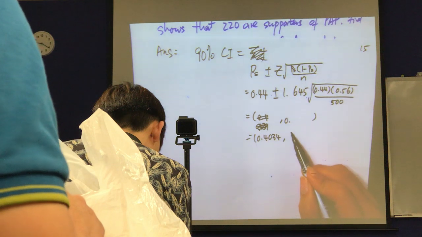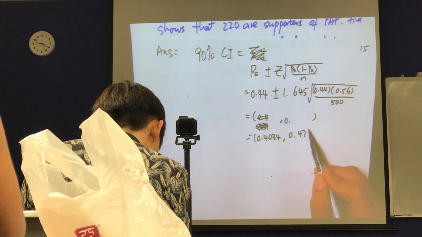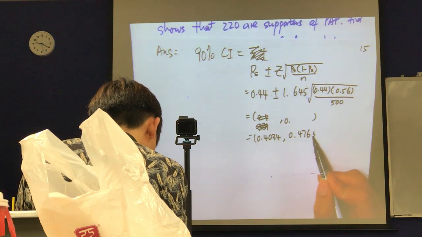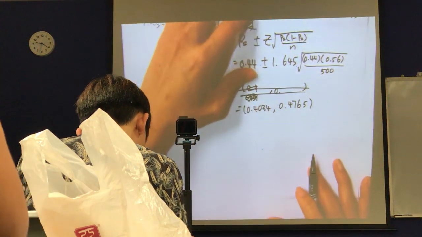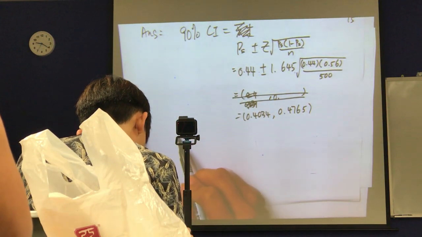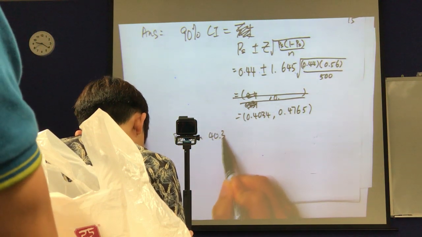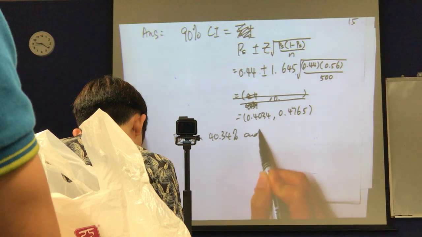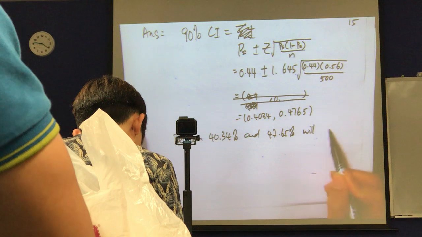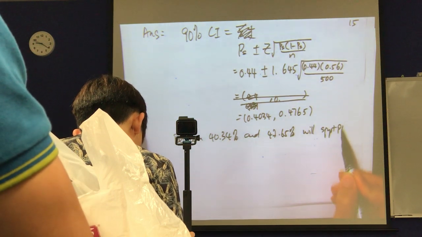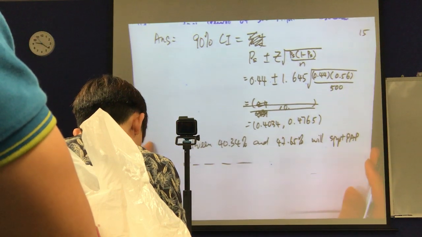And this one here is 0.4765. So what it means is that between 40.34% and 47.65% will support PAP if the election is conducted today.